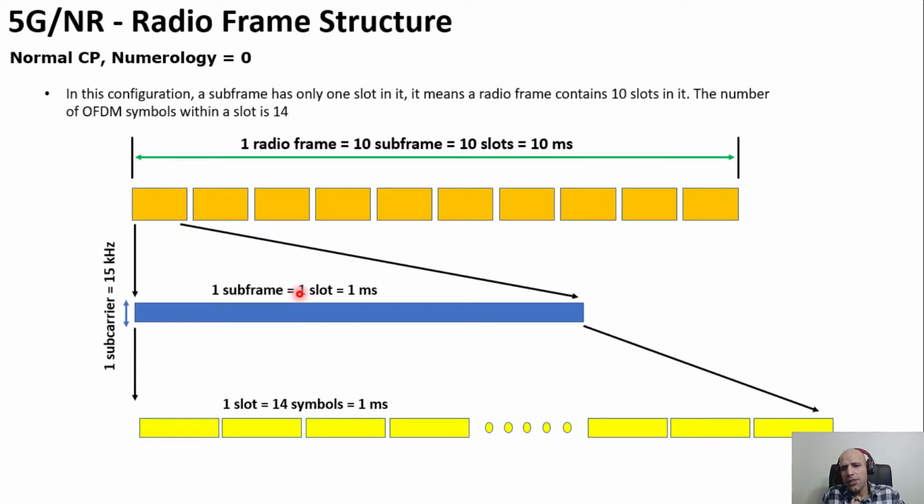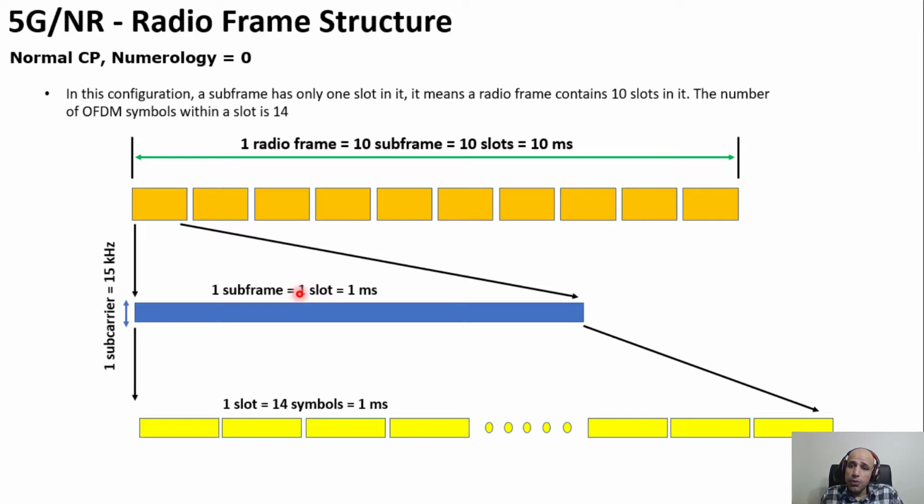As described, in 5G NR multiple numerologies are supported, and the radio frame structure gets a little different depending on the type of numerology. However, regardless of numerology, the length of one radio frame and the length of one subframe are the same. The length of a radio frame is always 10 milliseconds, and the length of a subframe is always 1 millisecond. So what should be different to accommodate the physical properties of the different numerologies?